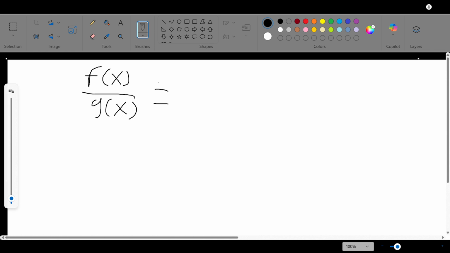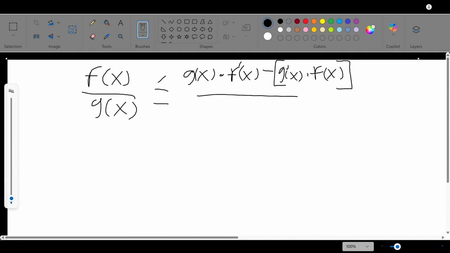The derivative will be the normal function of the bottom times the derivative of the function of the top, minus brackets the derivative of the bottom times the top, more brackets, divided by the bottom squared.